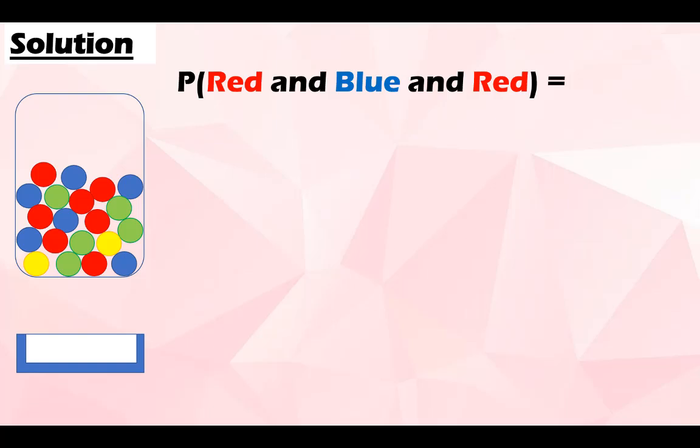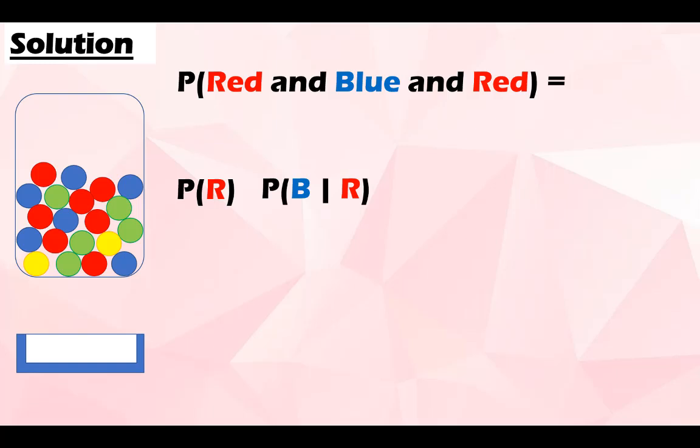So when we're computing this probability, we start by computing the first probability, which is the probability of drawing a red marble. Then, when we try to draw the second marble, which is supposed to be blue, we have to take into account the fact that we've already drawn out a red marble. So that's going to be the probability of blue given red.